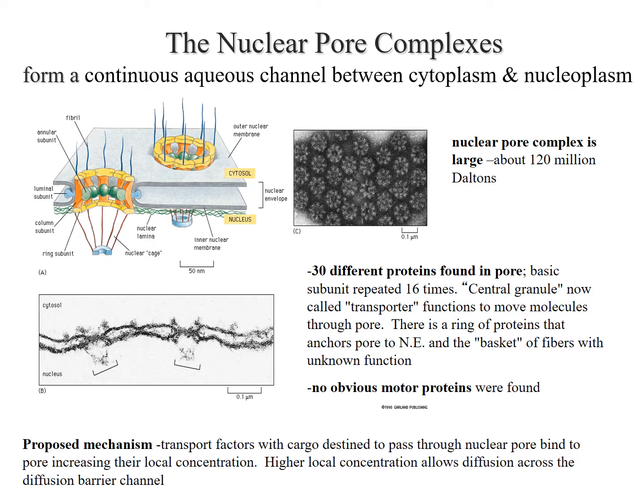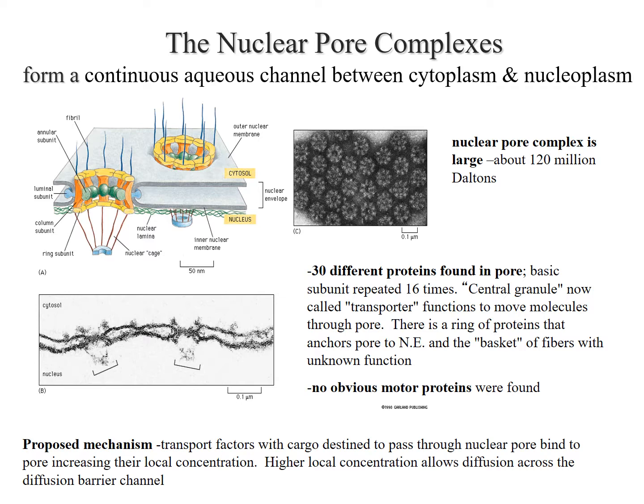There are 30 different proteins found in a pore. The basic subunit is repeated 16 times. And there's movement through these pores. There are no motor proteins. There is a ring of proteins that form the basket, and they're still trying to figure out what that cage is. How do we know this structure? The transmission electron microscope actually shows this kind of pore structure.